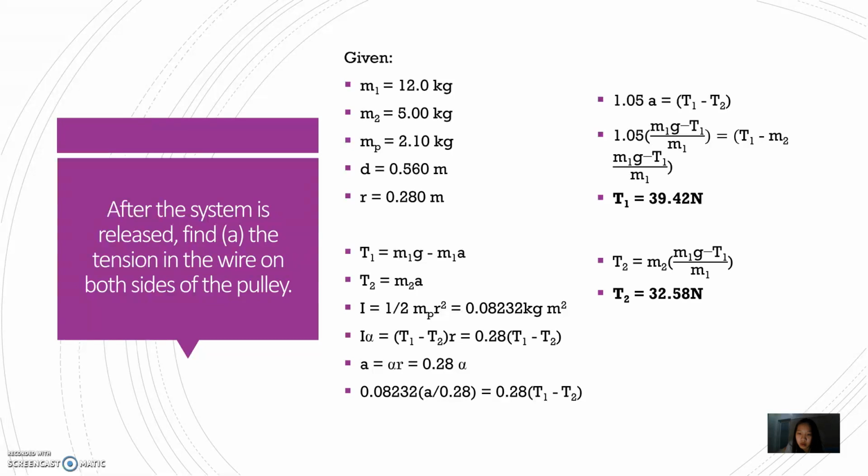And now, you can get T2 by just substituting the acceleration using the first equation. And then you'll have 32.58 newtons of T2.